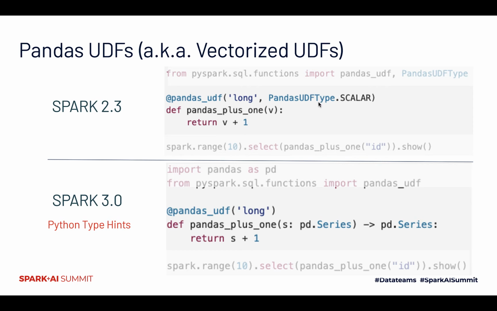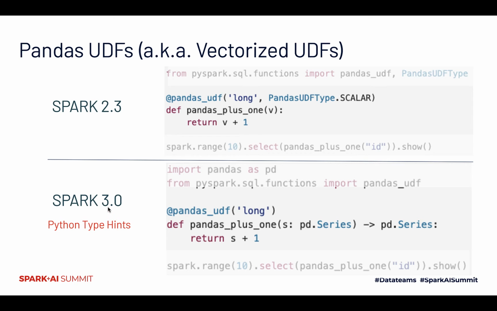We provided this type of information inside of the annotations so that we could have a UDF that used the underlying vector compute engine of Pandas. In fact, they used to be called, or we still technically call them, vectorized UDFs. But what we've noticed is Pandas UDFs is a much more friendly name. Pandas are cute and cuddly. Vectorized UDFs sounded very mathy. So we say Pandas UDFs. The idea is that I'm using Pandas to do batch bulk vectorized computation under the hood inside of Spark to get big performance gains.